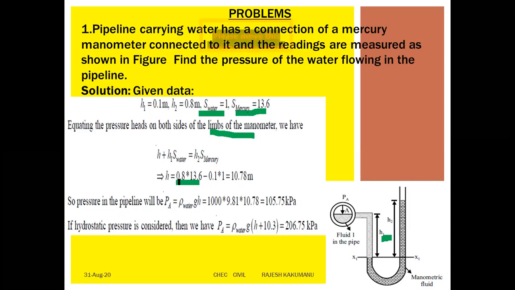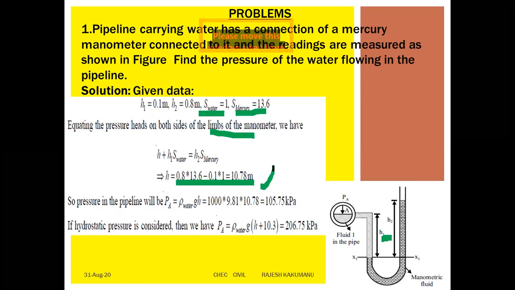Just substituting the values, h is equal to 0.8 into 13.6 minus 0.1 into 1. So totally, 10.78 meter is the height.